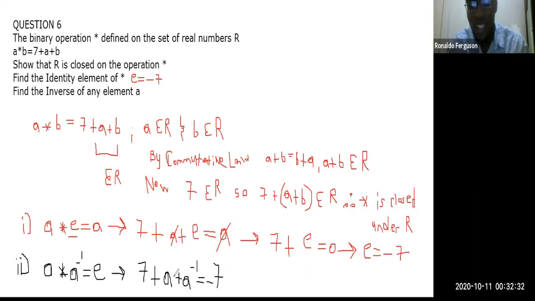Alright, so we can bring the negative 7 over there, and make A to the -1 the subject.